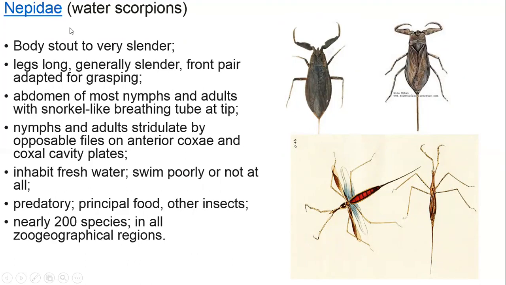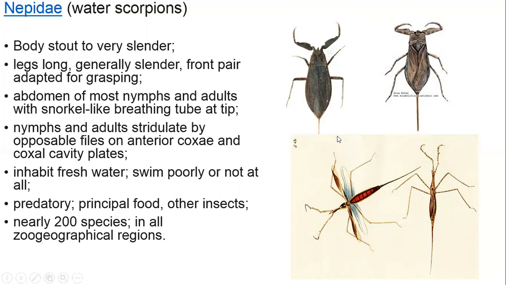Next family is the Nepidae, that is called water scorpions. These are predaceous aquatic bugs, antennae three segmented, forelegs raptorial, hind legs adapted for walking, tarsi uniarticulated, anterior pair clawless, wings well developed, abdomen with an apical breathing tube.